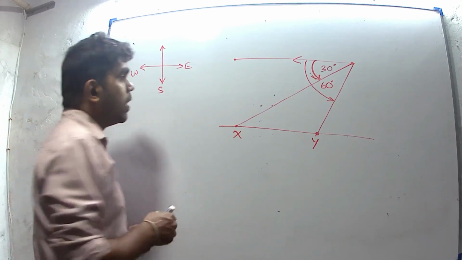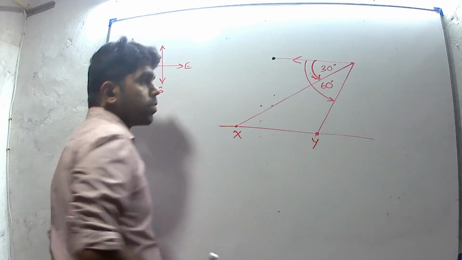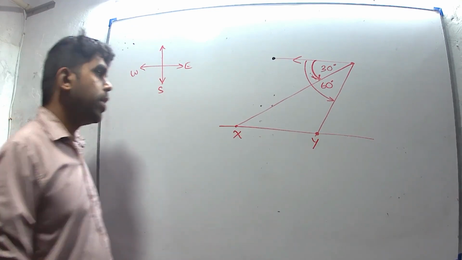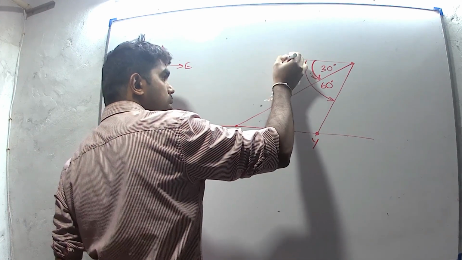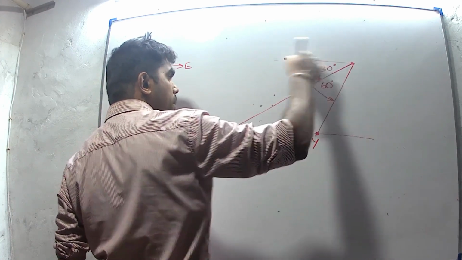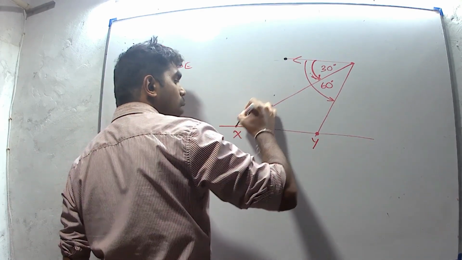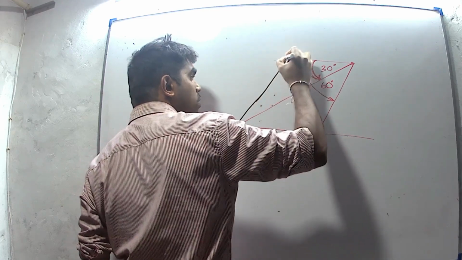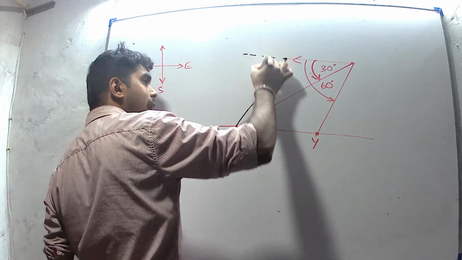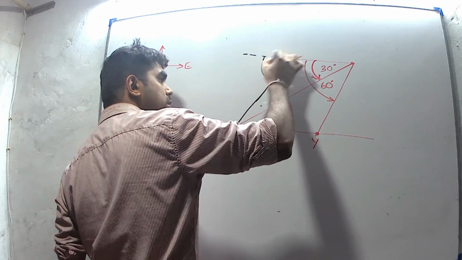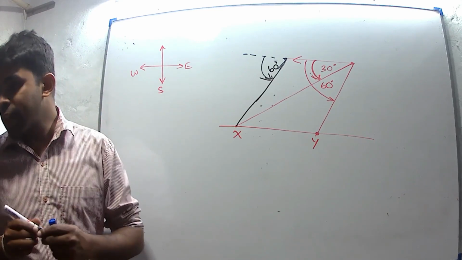It means after 40 seconds, the jet should be at a point like this, and now the line of vision is this one. Eye level is this one. This angle should be 60 degrees, the angle of depression. It is the rough sketch.